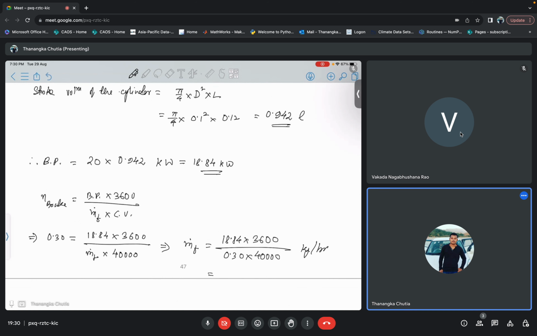Okay, so you'll get your mass flow rate of the fuel will be equal to 5.65 kg per hour.